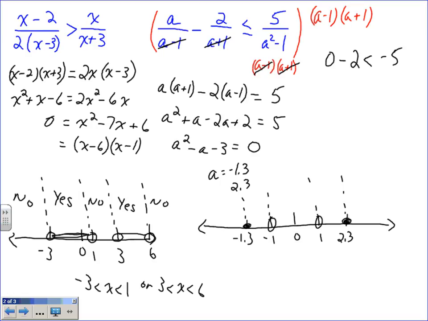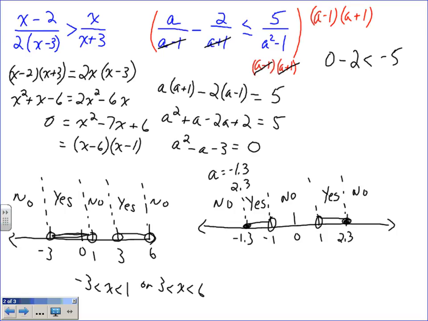Is that a true statement? Is negative 2 less than negative 5? No. 0 doesn't work. So you're going to get this situation here. This doesn't work. I think this will. This won't. This will. But this won't. Okay? That's the easiest way to solve that.